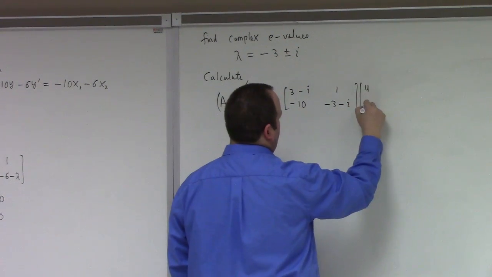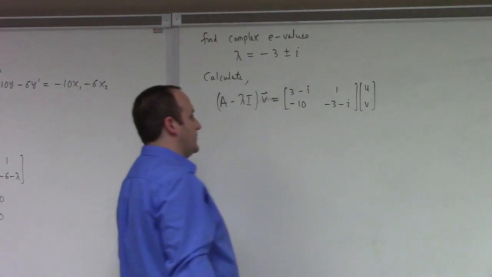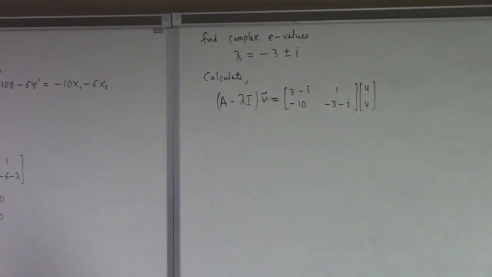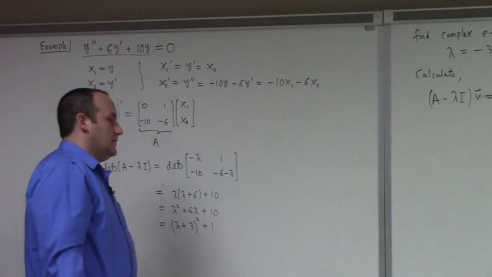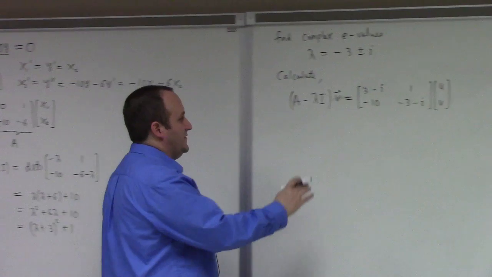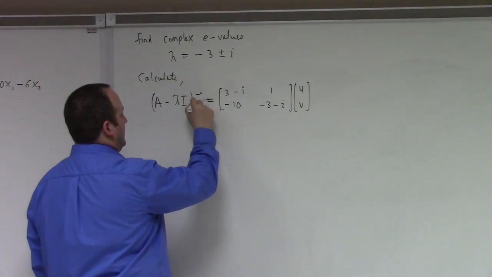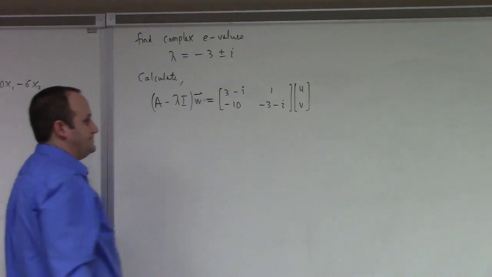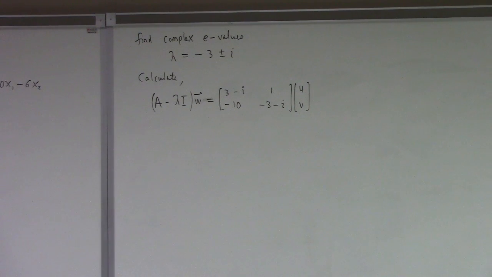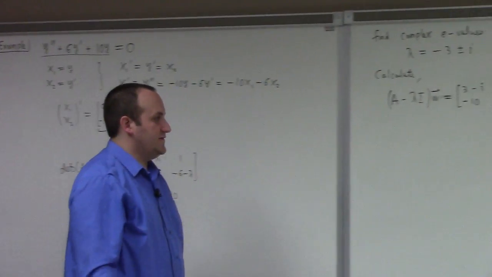And then I usually use u and v as disposable variables here. If it bothers you that I'm using the same letter, I'll fix it here, w. There you go. So I'm trying to solve that equals 0.